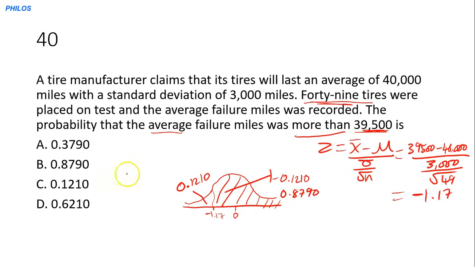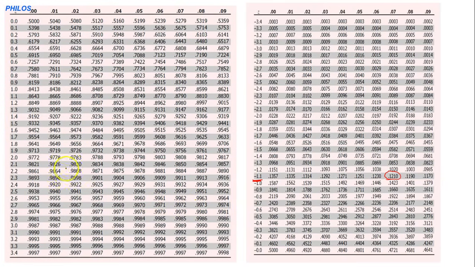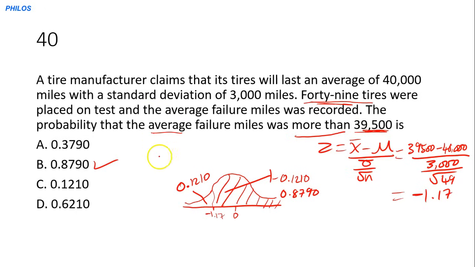So the correct answer for this is B, 0.8790. You can also check this negative 1.17 on a positive z table. So 1.17, we get 0.8790 straight. You see that? 0.8790. So let's proceed to the next question.